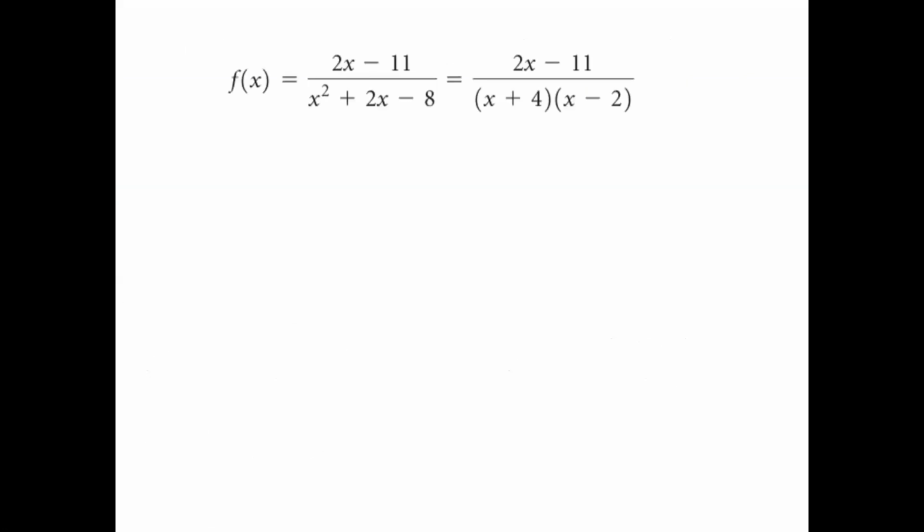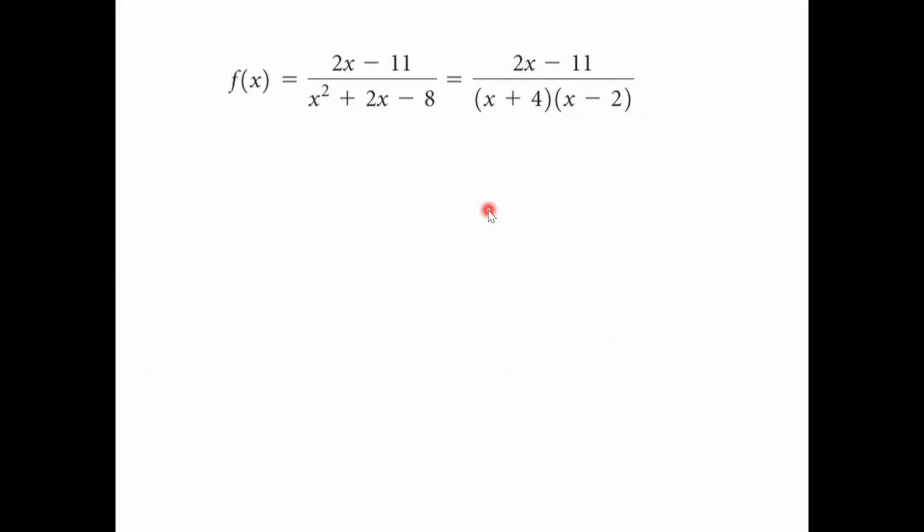So first, all you have to do is factor your numerator and the denominator. So factoring, you have 2x minus 11 for the numerator, and for x squared plus 2x minus 8, the factors are x plus 4 times x minus 2.